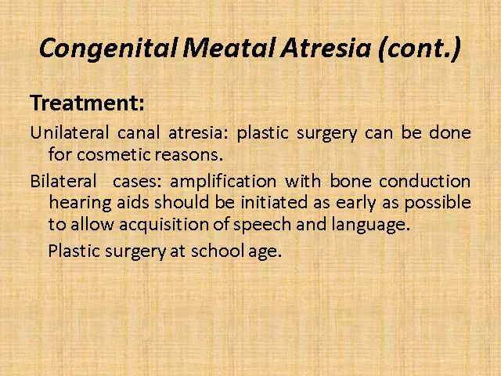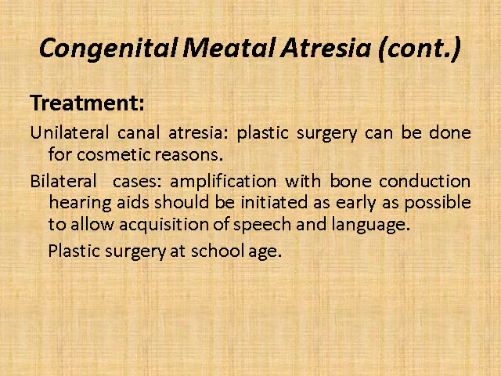What about bilateral cases? In bilateral cases, we need amplification with bone conduction hearing aids as early as possible. We need to fit this child with bone conduction hearing aids to allow for the acquisition of speech and language.